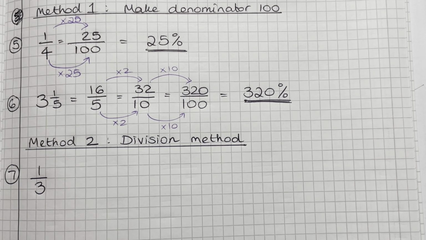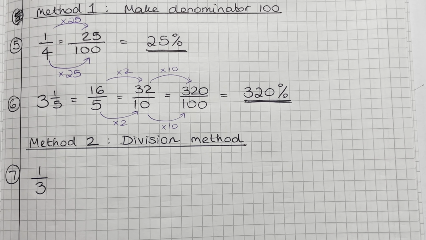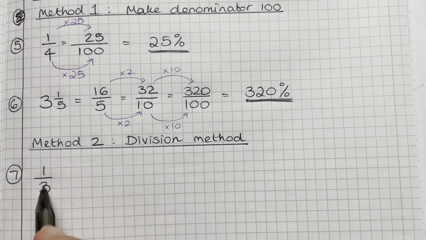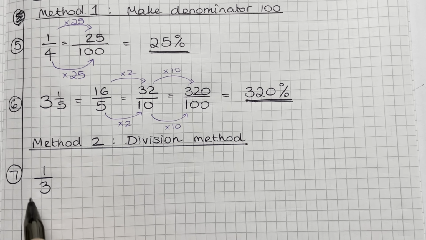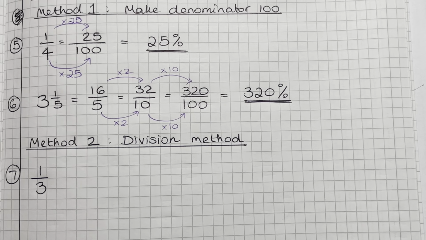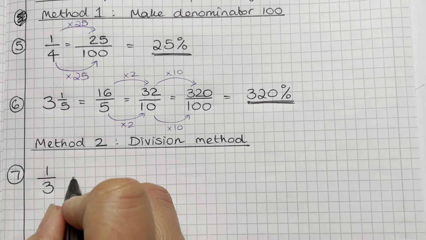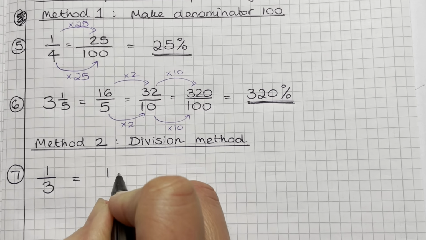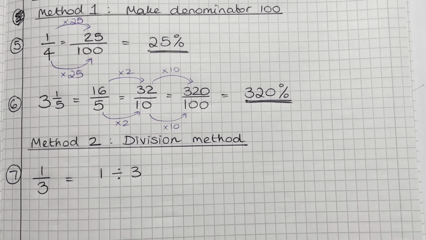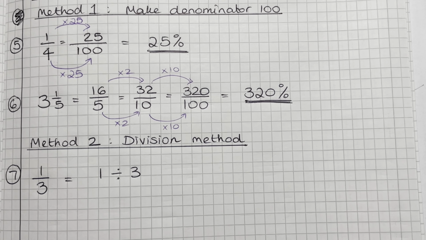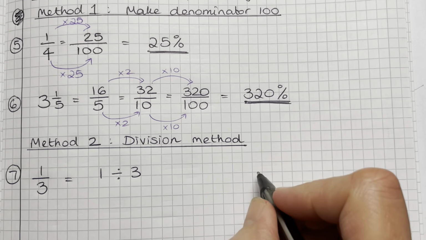For method 2, the division method, we cannot make the denominator 100, so we need to look at this calculation here. 1/3 I can write as 1 divided by 3, and I can use a little bit of short division. Let's do that over here.